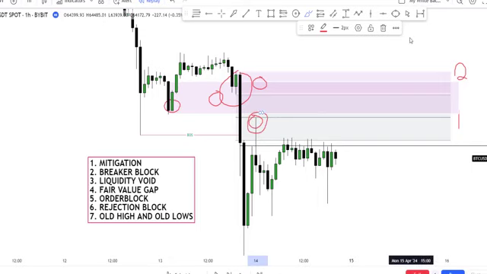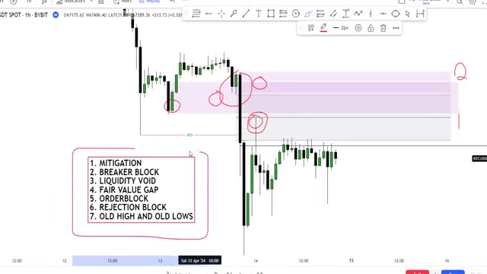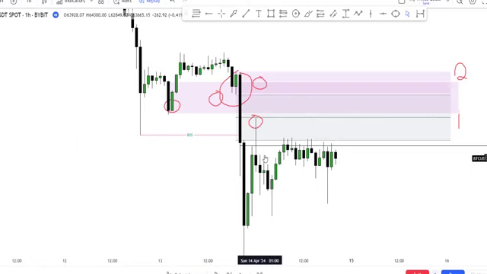So if price is reacting from this fair value gap, then I will be suspecting a possible inducement. All right, because every time these things are formed, it follows this pattern. So as price is now coming back to my point of interest, which is basically this particular one, let me show you that.